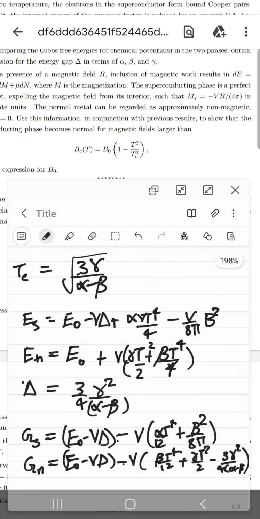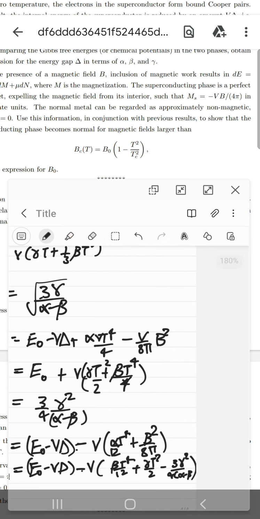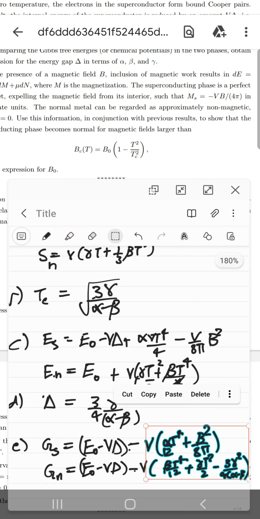Amazing. So this is what we have to equate. So basically what we get is, right, I'm just gonna move this to the next page.